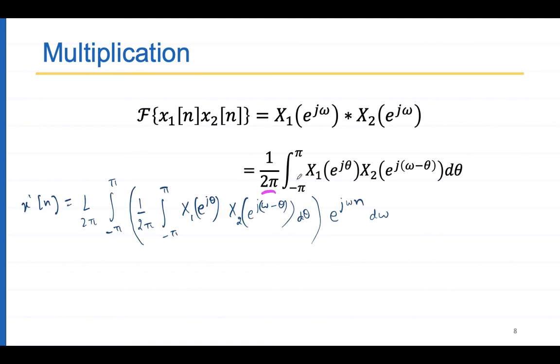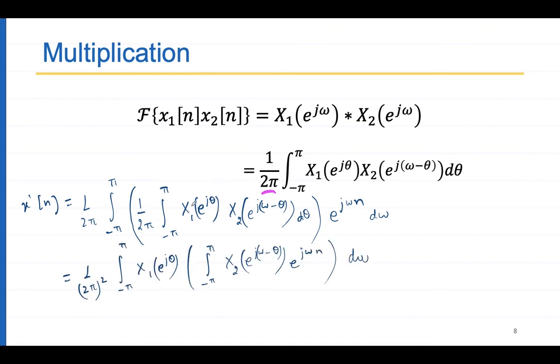Okay, the proof is also very simple. Start from the right hand side and take its inverse Fourier transform to obtain some x'[n]. And very easily you can prove it using the same approach, just switch the order of integration, so that instead of integrating over d theta, you integrate over d omega and take d theta out. So just a minute, this was X2(e to the power j omega theta).